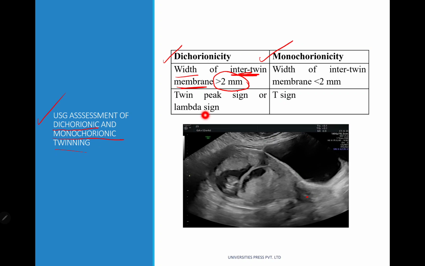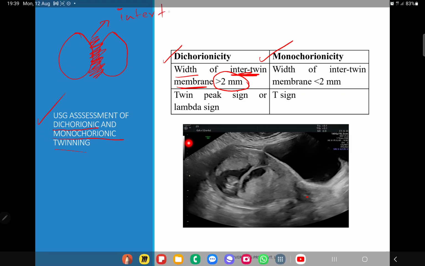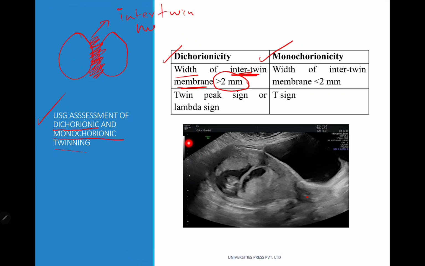If you look, these are two gestational sacs. In between the two twins, this is the intertwin membrane. So for telling dichorionicity, the width of this intertwin membrane should be more than 2 mm.